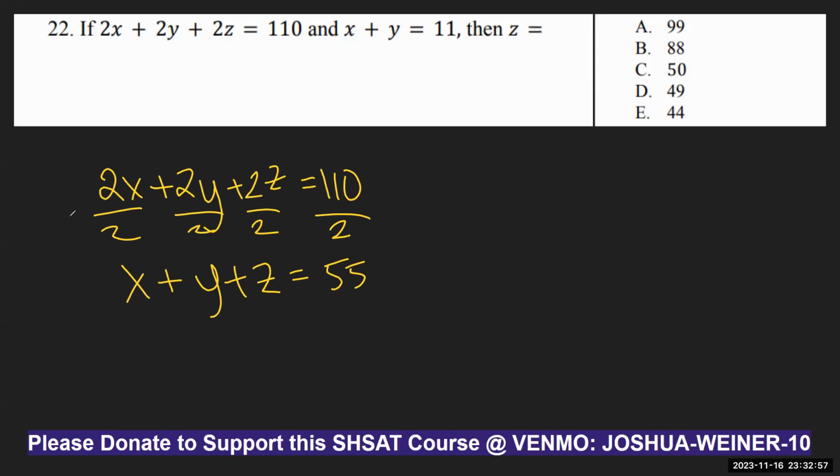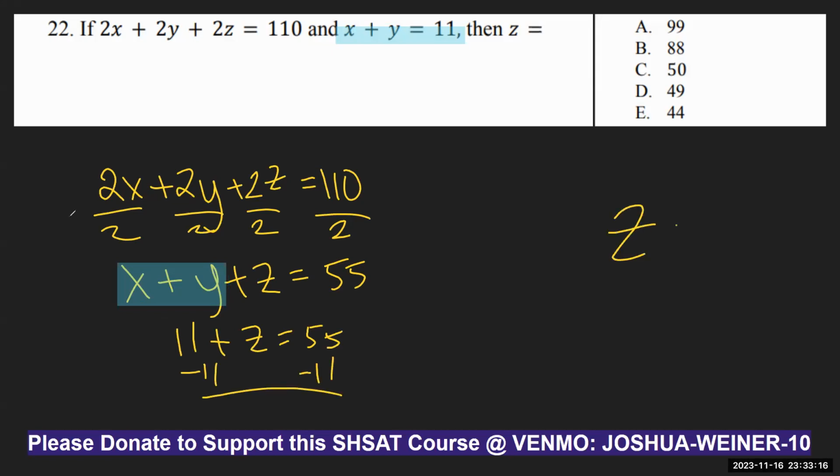However, what did they tell us from the get-go? They told us that x plus y is 11. This plus this block and this block is 11. So now I can write down 11 plus z is 55. Then subtract 11 from both sides. Z is 44.